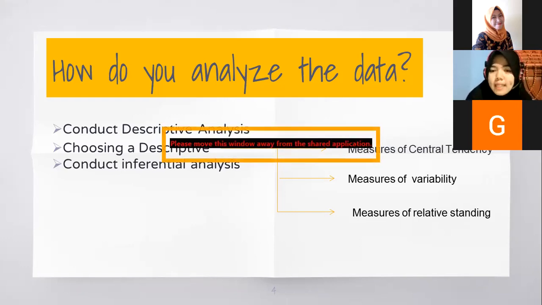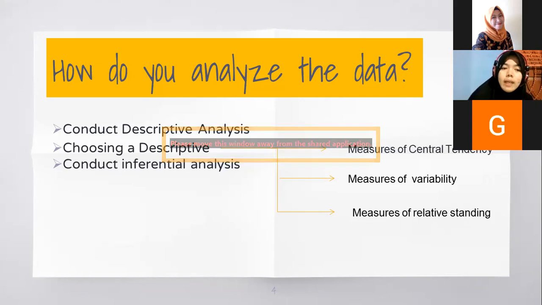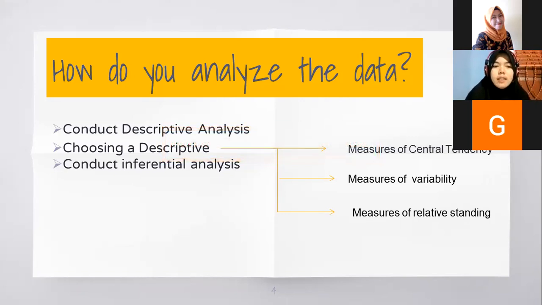And the last one is measures of relative standing, which is a statistic that describes one score relative to a group of scores. And the second way to analyze the data is to conduct inferential analysis.